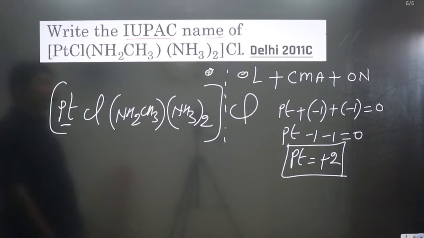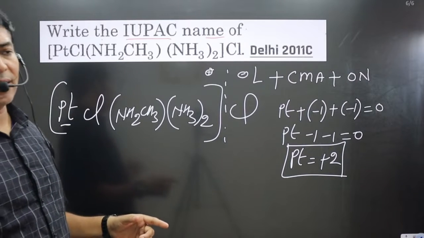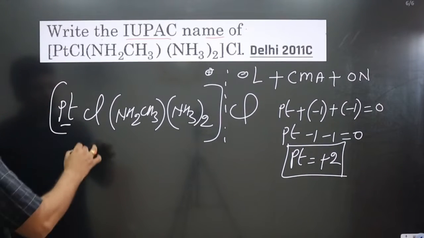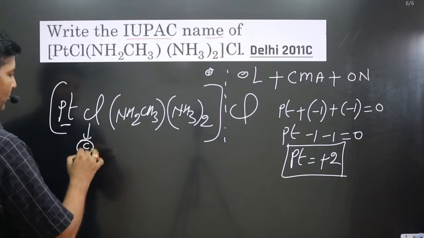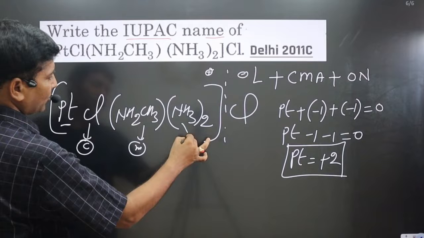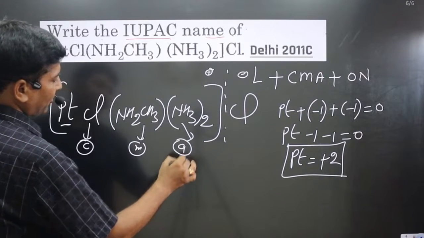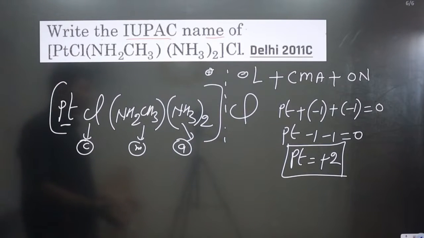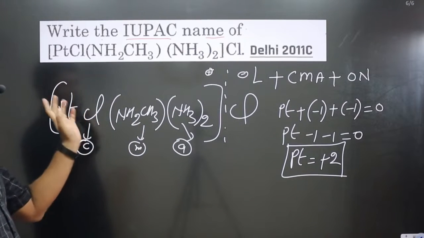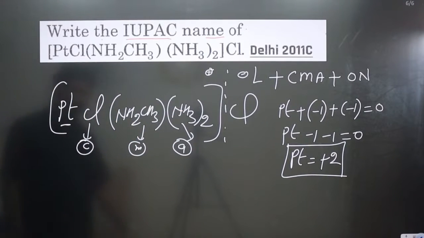Now let's start naming the ligands. If more than one type of ligand is given, we arrange them in alphabetical order. So this is chlorido, starting from C, this is methylamine, starting from M, and this is ammine, starting from A. Now we arrange them in alphabetical order. First of all NH3, then Cl, and after that methylamine.